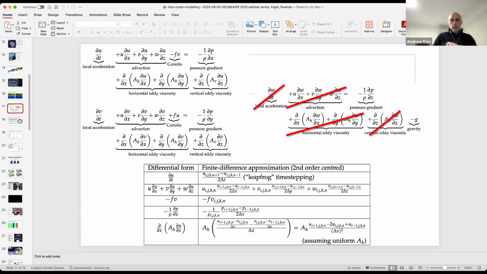Because the grid moves with the layers, you don't get computational mixing of properties from one layer to the other. So it's called an isopycnal coordinate model. But that has problems of its own as well.